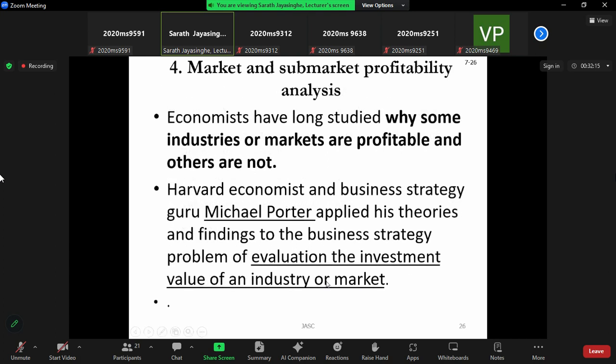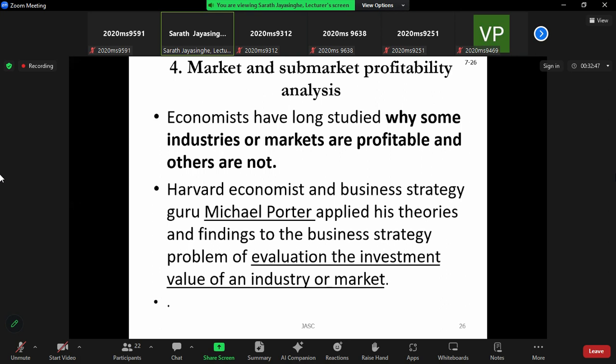Number 4, market and submarket profitability. So when you think about a market or submarket or industry, right? Scholars and economists are thinking about why some industries are profitable and why some are not making profit, right?